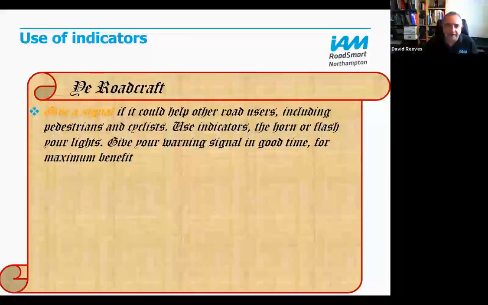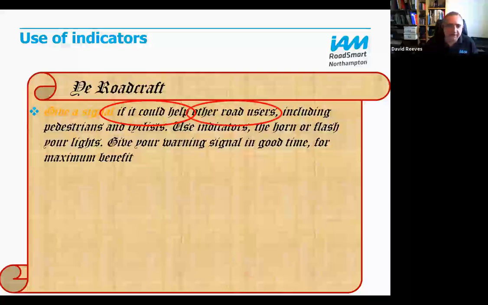In fact, the only bits I would draw your attention to: "if it could help other road users." It doesn't say it must help other road users, so it's a little bit less definite than that. And the other thing I would pull out of this is "road users." It doesn't say road users in a motorized vehicle.